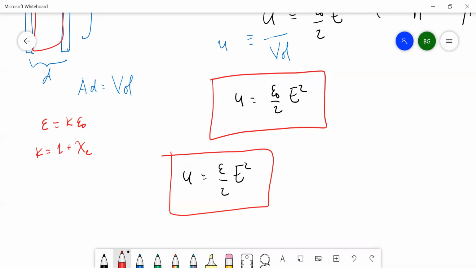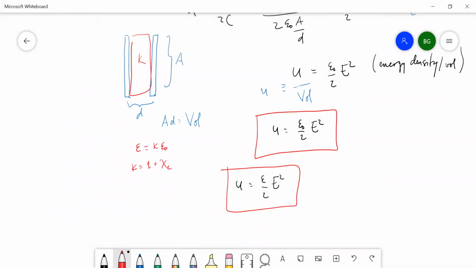Okay. Anything else? Any question before I proceed to the new section about direct current? That's it for the properties of electrostatics.